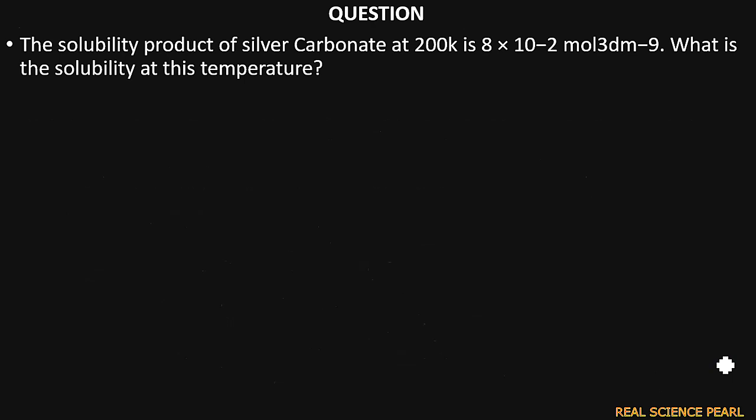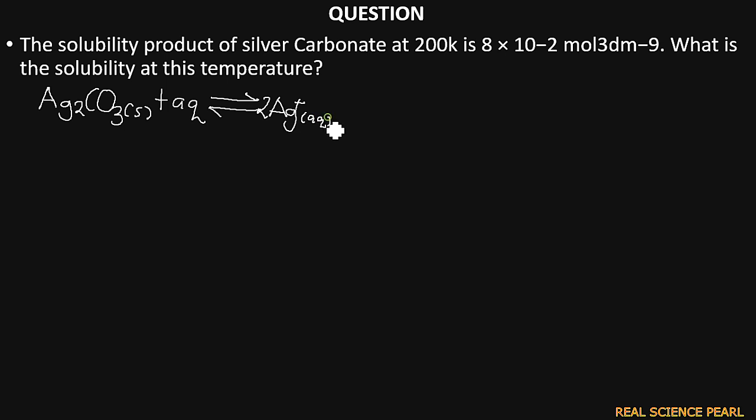Let's look at this question. The solubility product of silver carbonate at 200 Kelvin is 8 times 10 to the negative 2 mol cubed dm to the negative 9. What is the solubility at this temperature? Now we are going to begin with writing the equation for silver carbonate plus water, giving us silver ions, but silver ions are going to be 2, plus the carbonate ions.